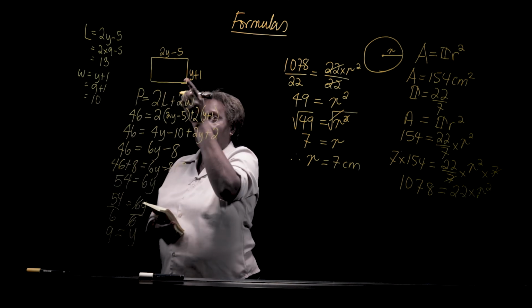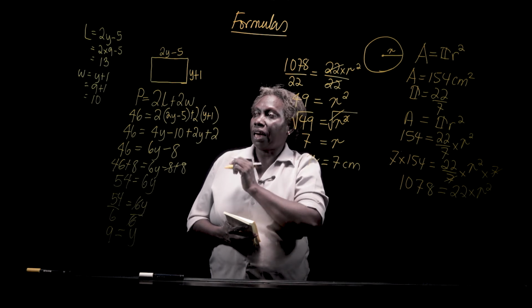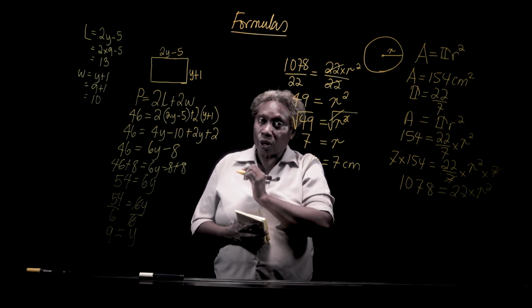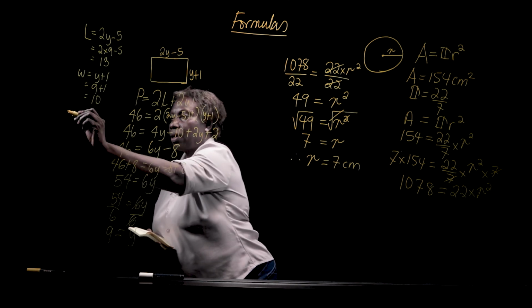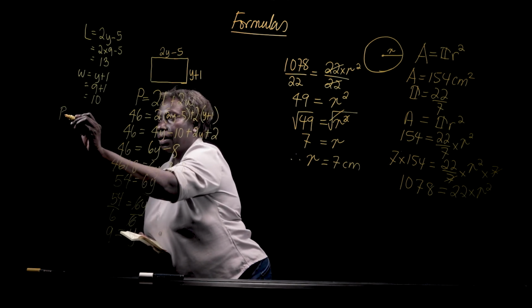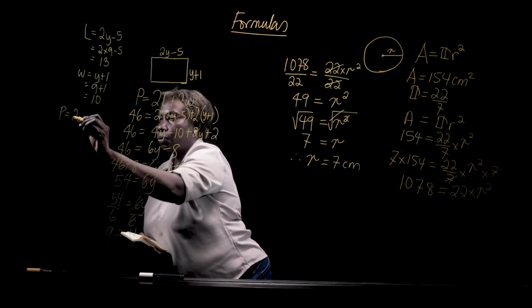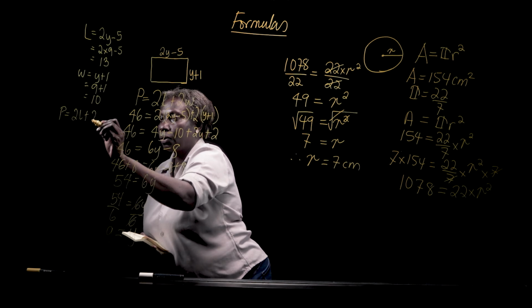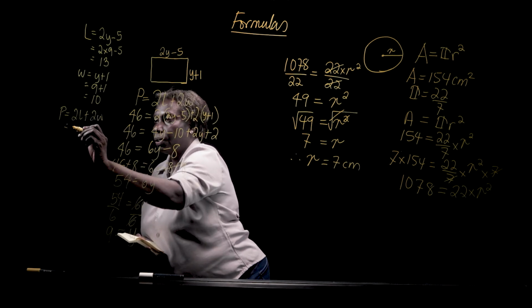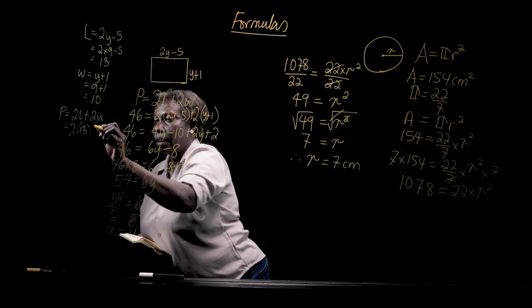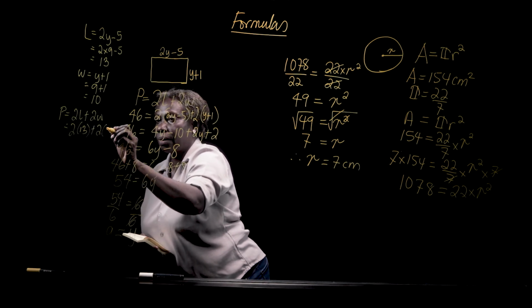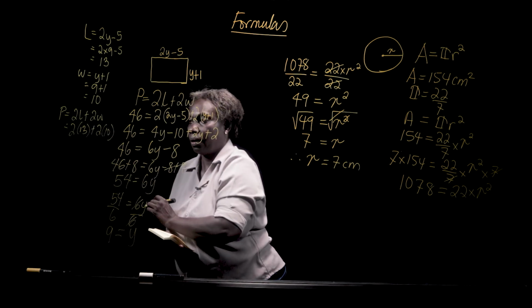Let's see if these values will add up to 46 when we substitute them into the formula. The formula is P equals 2L plus 2W, so 2 times 13 plus 2 times 10.